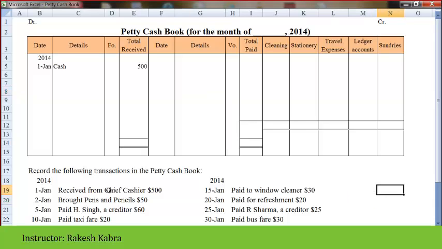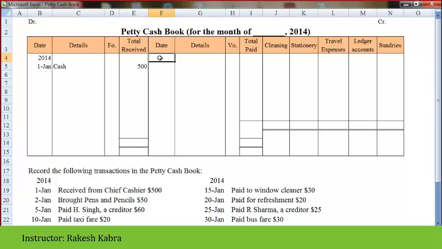Now see, after getting this 500, on January 2nd what happened? Brought pens and pencils $50. So these are all small payments. Now I am going to record all these small payments. When I make small payments, my petty cash will decrease, and decrease in petty cash means credit. So all small payments will be recorded on the credit side.